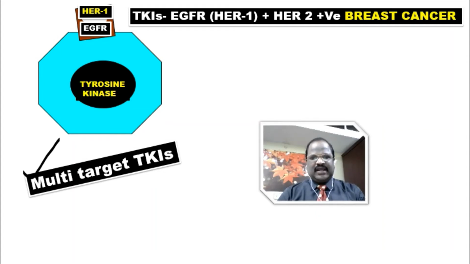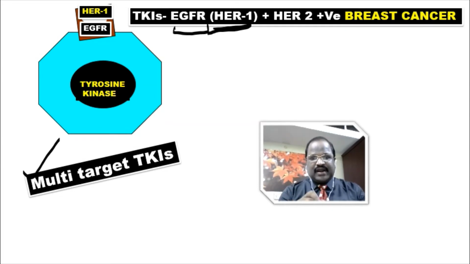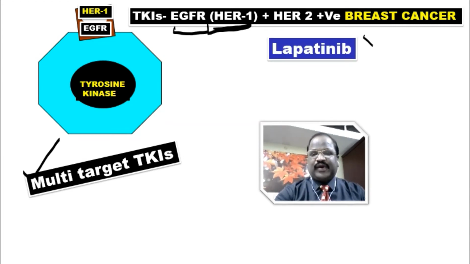For example, there is one tyrosine kinase inhibitor targeting EGFR. We know EGFR is also called HER1, and the same drug also targets HER2. That means a tyrosine kinase inhibitor targeting both HER1 and HER2 positive breast cancer. Think of lapatinib. Very important MCQ.